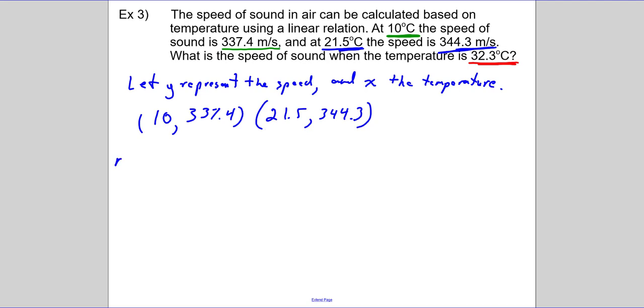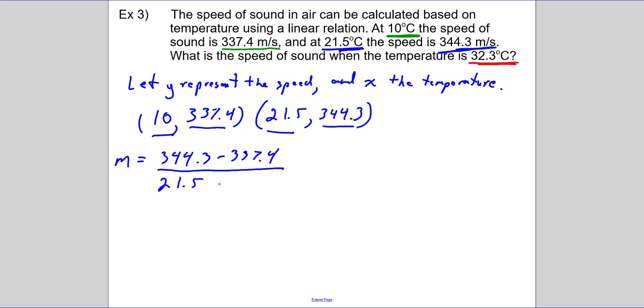We'll start by finding our slope. So y2 minus y1, 344.3 minus 337.4 over x2 minus x1, 21.5 minus 10.